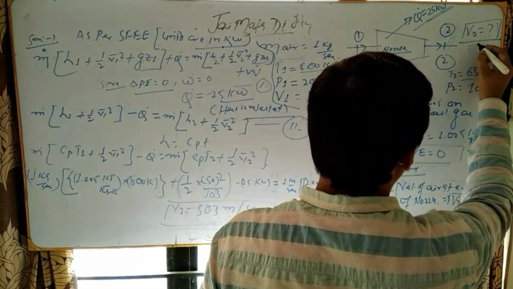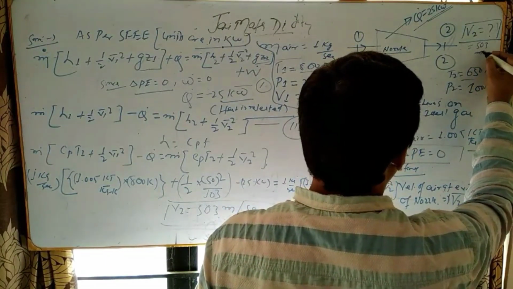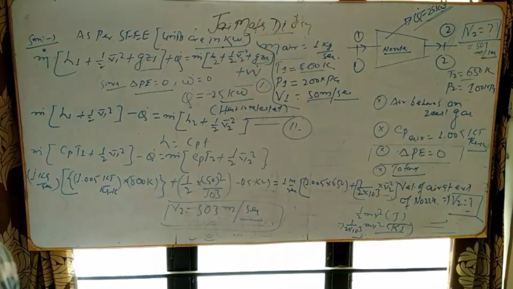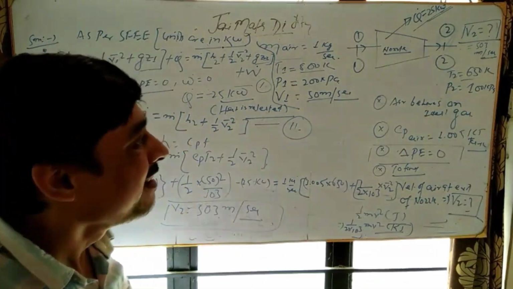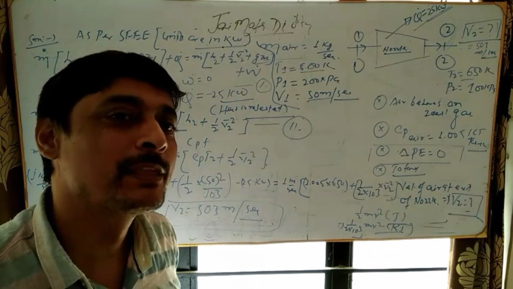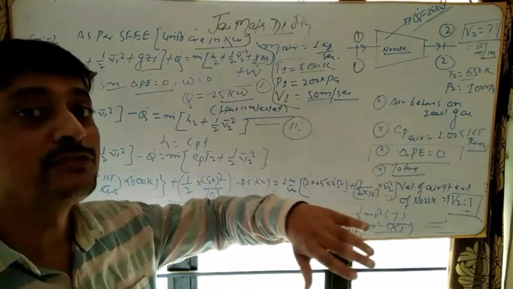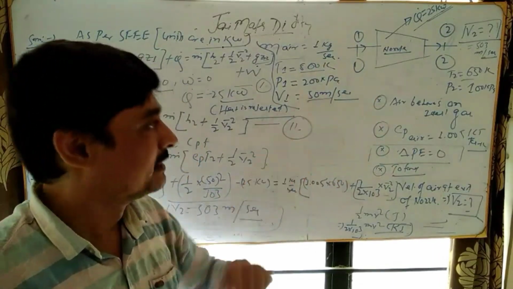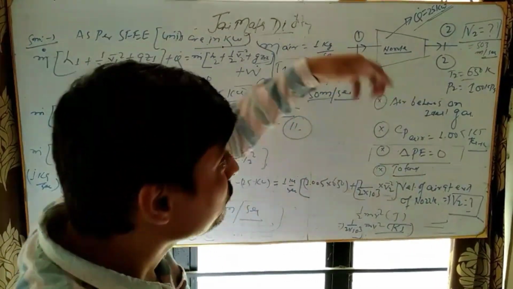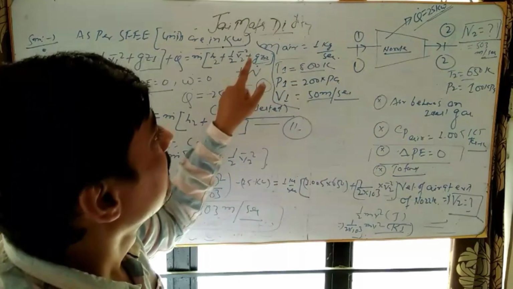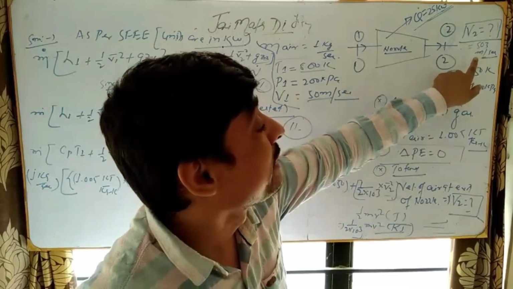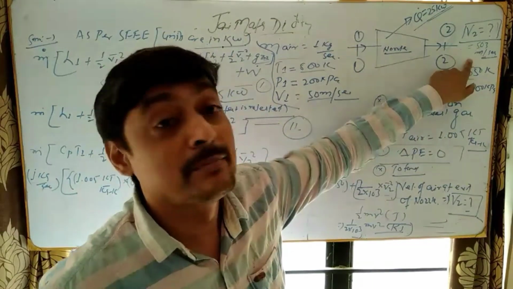This velocity we wrote as 503 meter per second. Now recall the definition of nozzle that we explained earlier. A nozzle is a device in which velocity is increased several times at the expense of pressure. The velocity of air at inlet is 50 meter per second and at outlet is 503 meter per second.